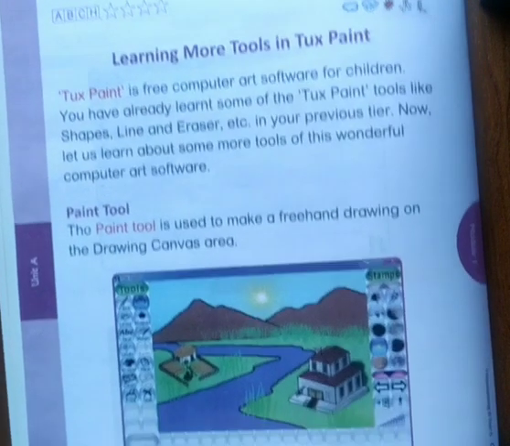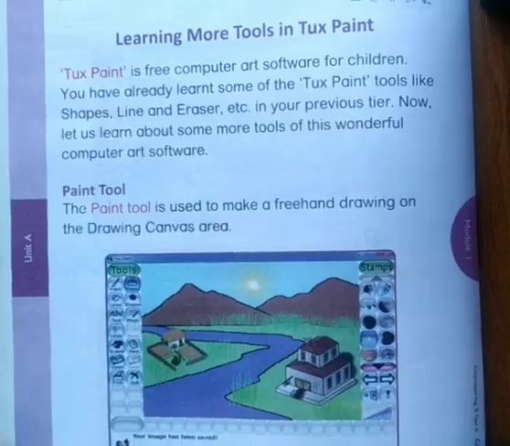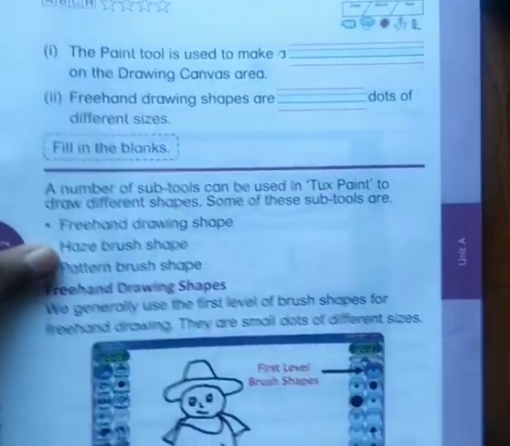Okay. Next, paint tool. Paint tool is used to make a freehand drawing on the drawing canvas area. Yes, right. It can make drawings freehanded. No other tools are needed for the paint tool. What are those paint tools? Under the paint tool, what all will come?